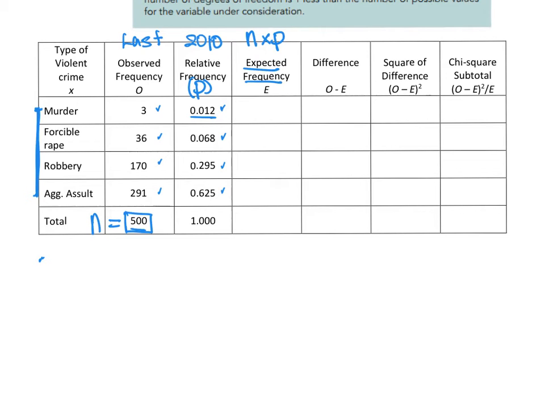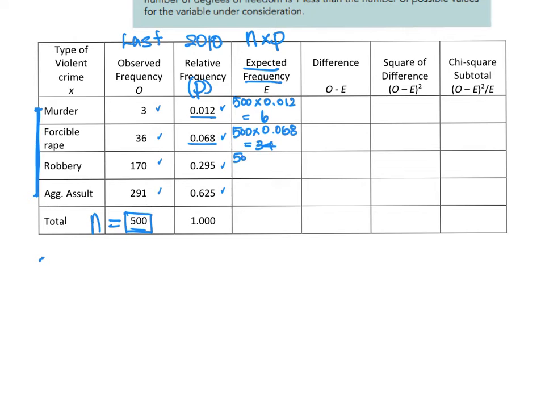500 times 0.012 is just 6. The next one is 500 again with its proportion 0.068. That will be 34.